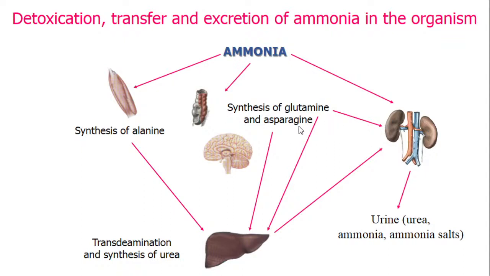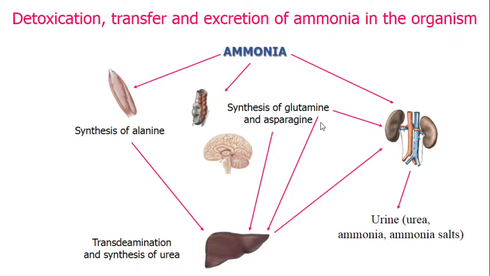Then this glutamine, asparagine and alanine go to the liver, where they undergo transdeamination, as in the first scheme today, and reveal free ammonia for the synthesis of urea, or incorporate the ammonia into aspartate, because the second source for urea synthesis will be aspartic acid.